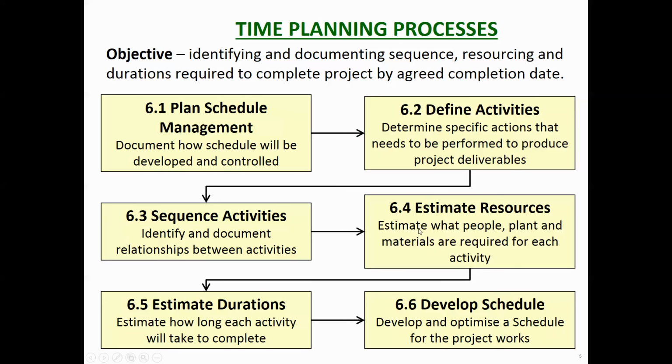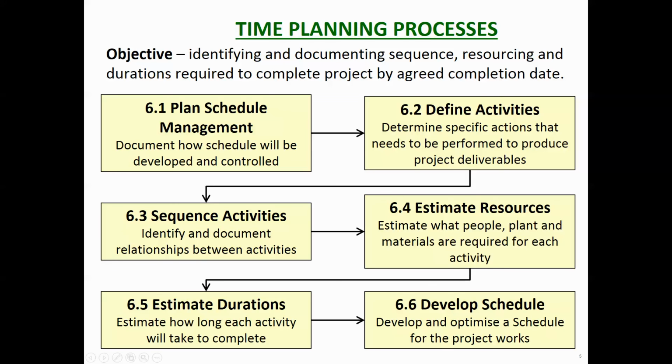If you've got those resources, how long is it going to take to do it? So you estimate how long each activity will take to complete, and then from that, along with other things, so you'll have inputs from quality, communications, risk, all those things, you'll be able to develop a schedule, also known as a program. Remember, that's in the Gantt chart type of format.